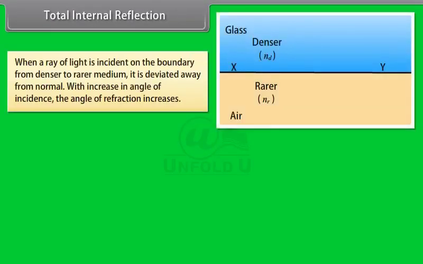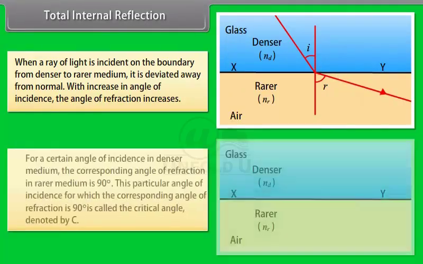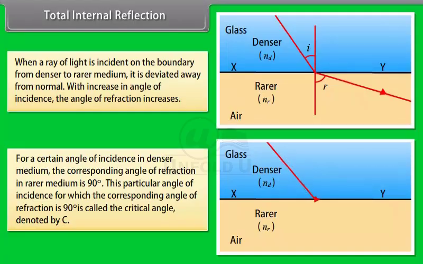Total internal reflection. When a ray of light is incident on the boundary from a denser to a rarer medium, it is deviated away from the normal. With increase in the angle of incidence, the angle of refraction increases. For a certain angle of incidence in the denser medium, the corresponding angle of refraction in the rarer medium is 90 degrees.